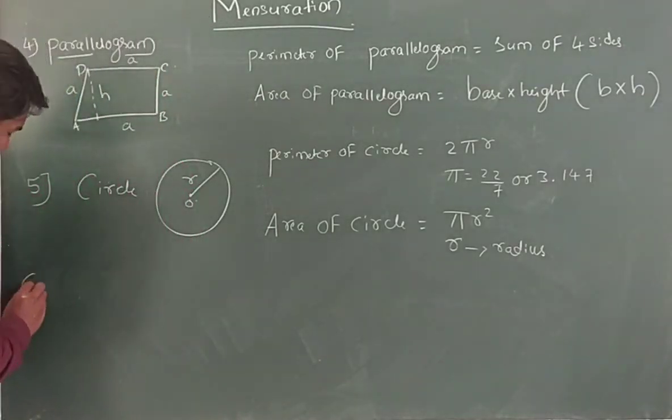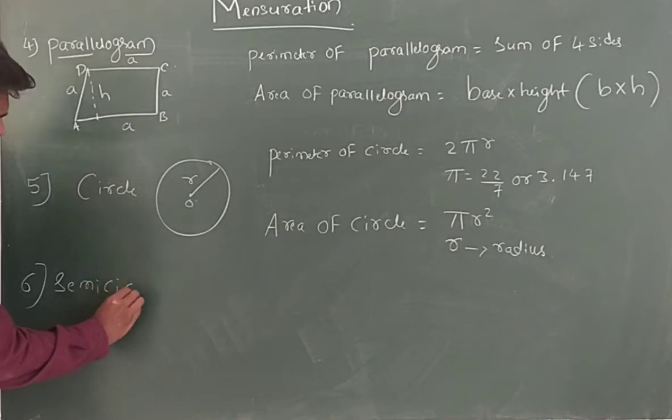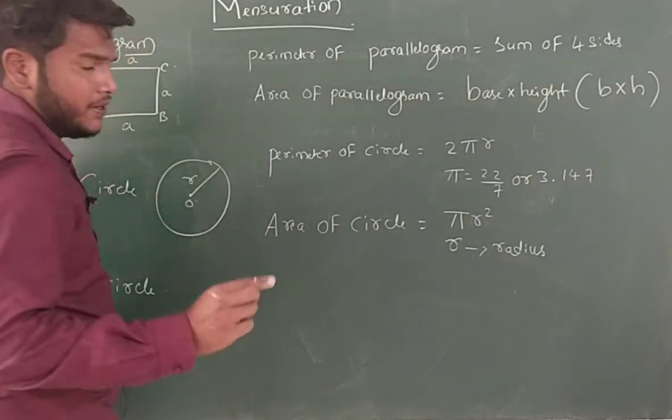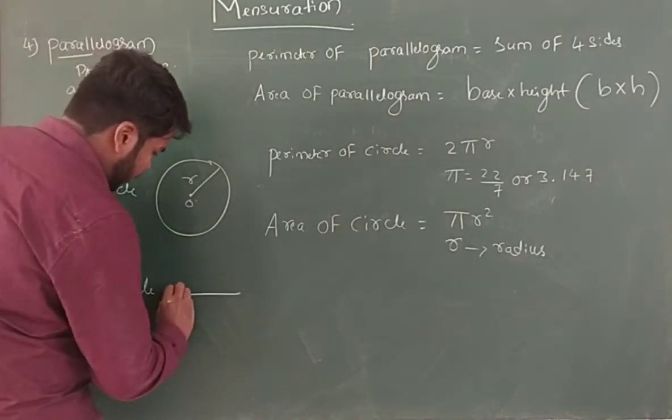Similarly, the last one, that is semicircle. If I divide a circle into two parts, it splits into two semicircles.